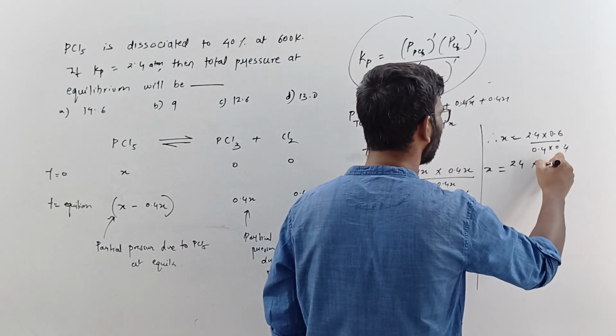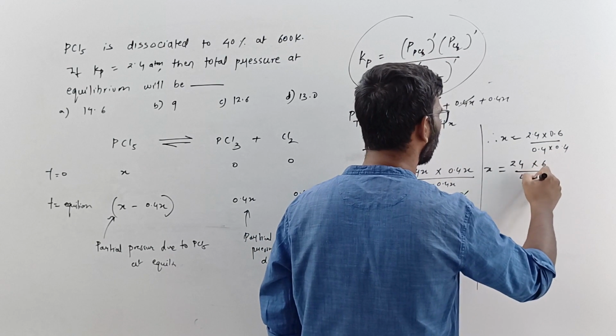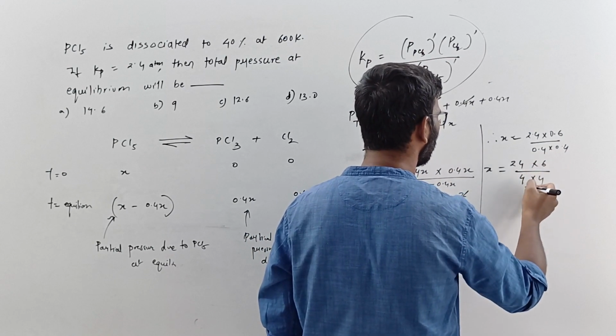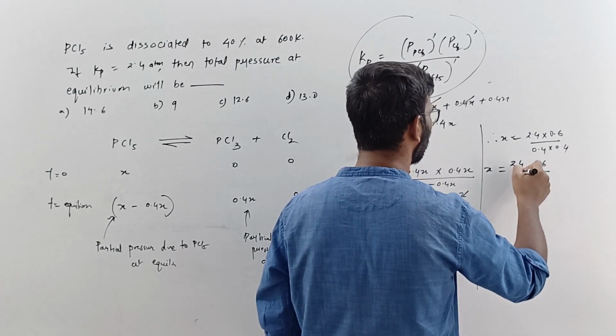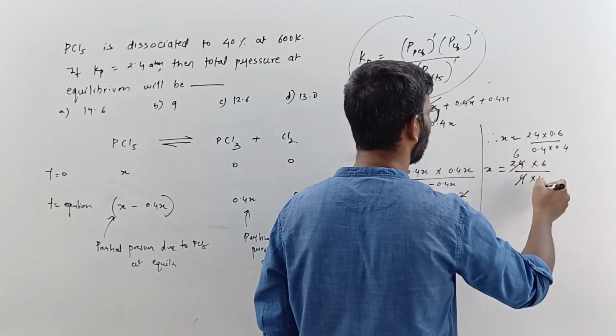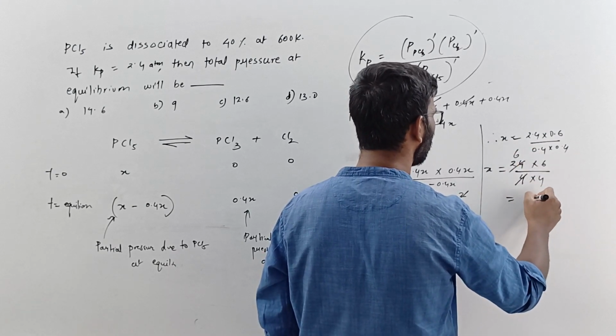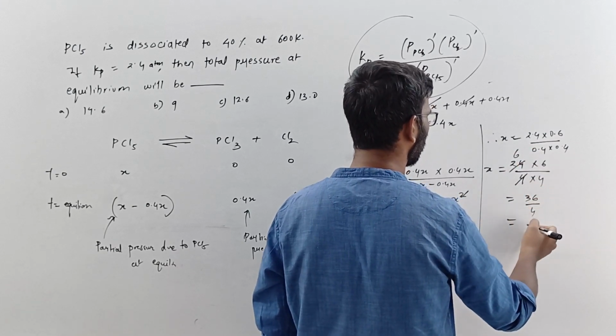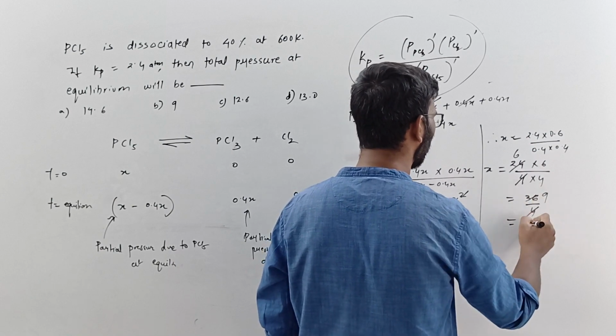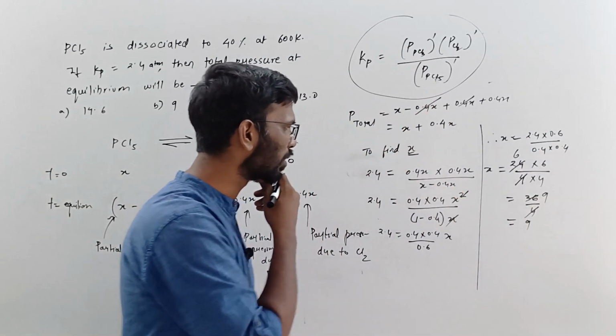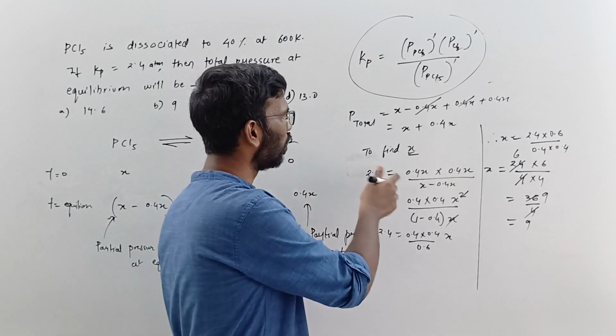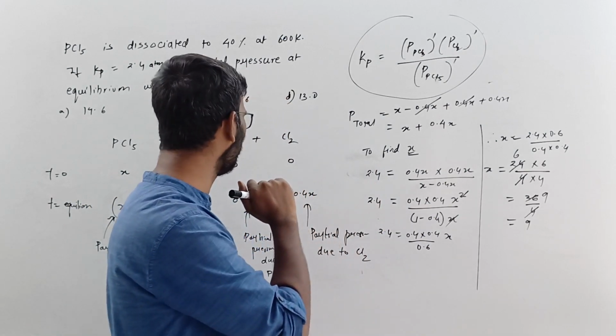This is 6, this is 4 and 4. How much does this come to? 6 into 6 is 36 by 4. 4 9s. I am getting x is equal to 9. Right? This is the x that I am getting over here.